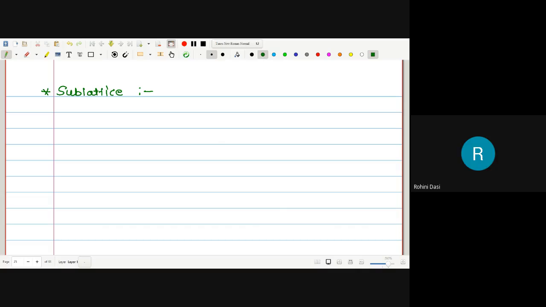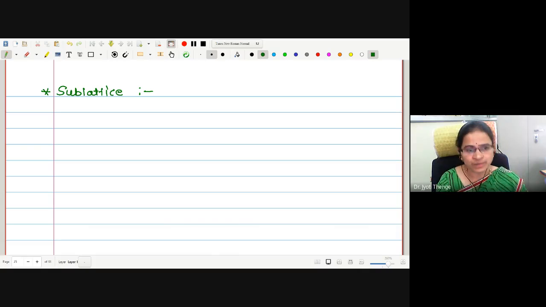Here also, a non-empty subset of a lattice is called a sublattice if it is closed under both operations of join and meet. Let me write.